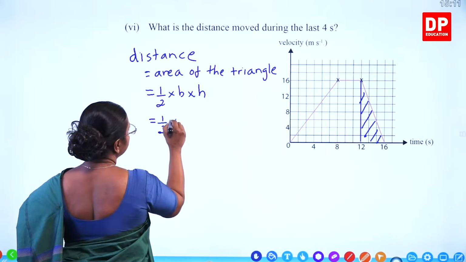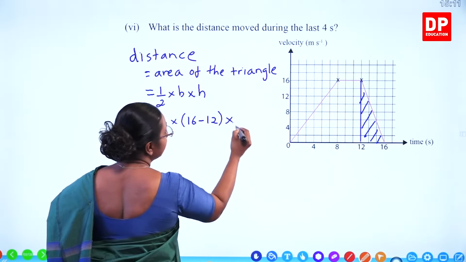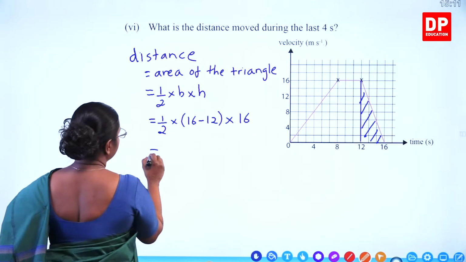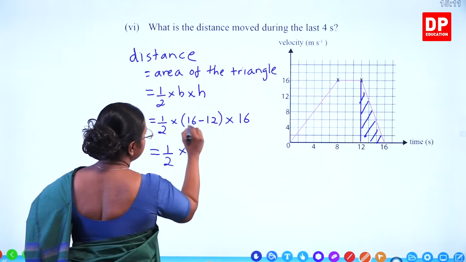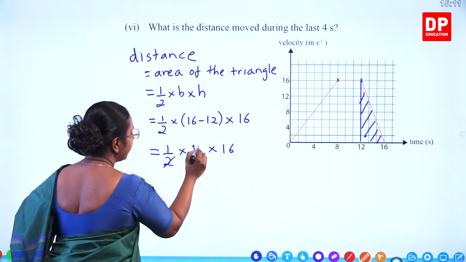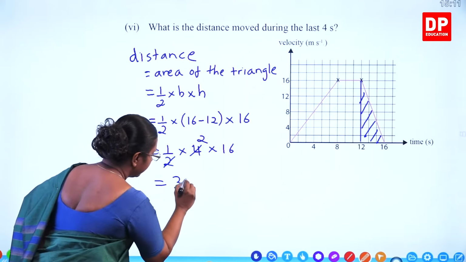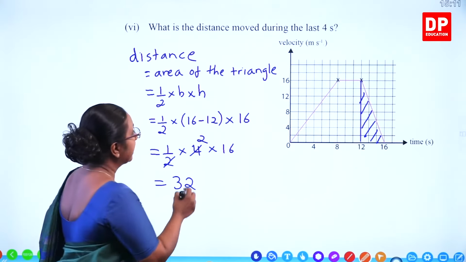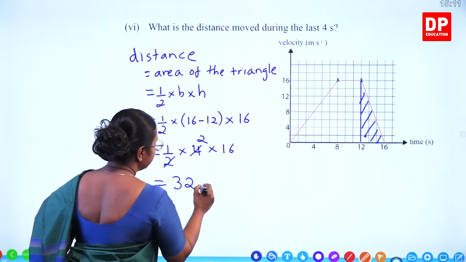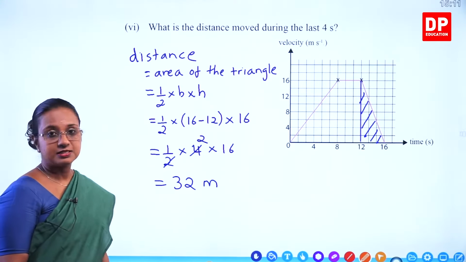So half into base, you can even write it here as 16 minus 12 into height, is this height 16 meters. So half 16 minus 12 is 4 into 16. When we simplify, 2 and 4 becomes 2 here. So 2 into 16 we get the value 32. And since we multiply meter per second by second, this will have to be meters. The unit is meters.